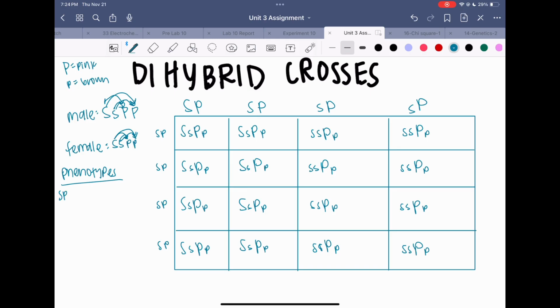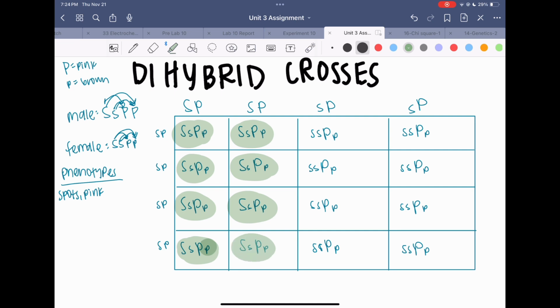So spots and pink, and we'll go through and just highlight spots pink, spots pink, spots pink. Wow, that's a tongue twister. All of these have at least one big S and at least one big P. So 8 out of 16, so half of our offspring can have that.